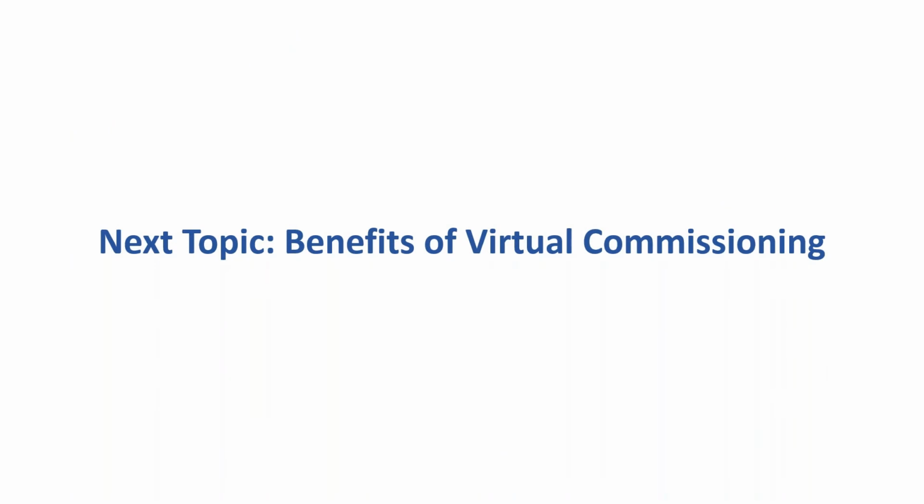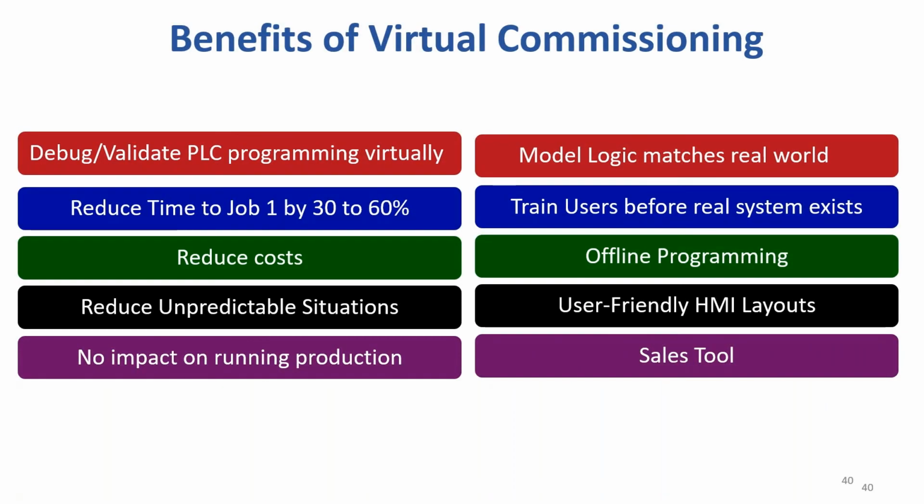Now, before we end, let's look at the numerous benefits of virtual commissioning, which does have several benefits. One of the top ones there, debug and validate PLC programming virtually. That's a huge advantage. So it results in a reduced time to job one by around 30 to 60%.